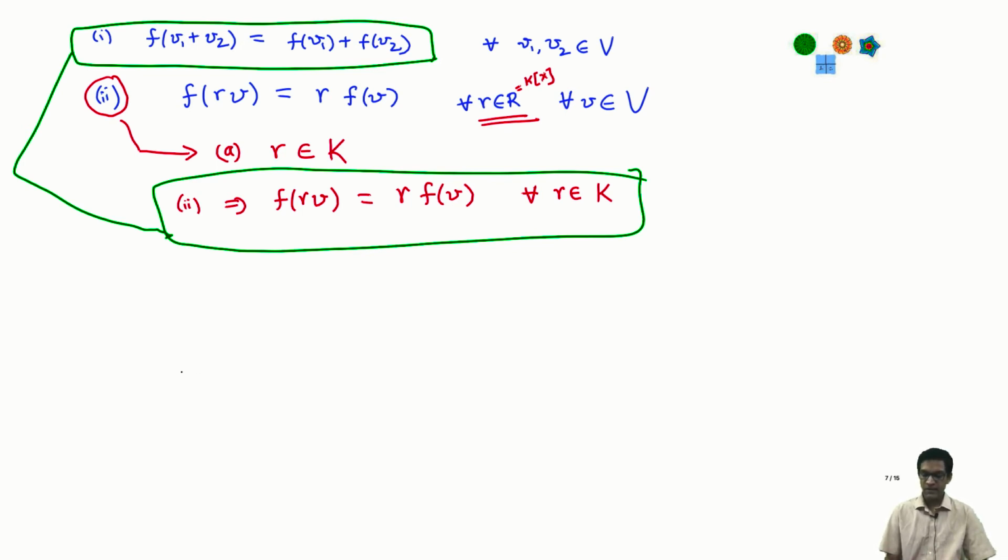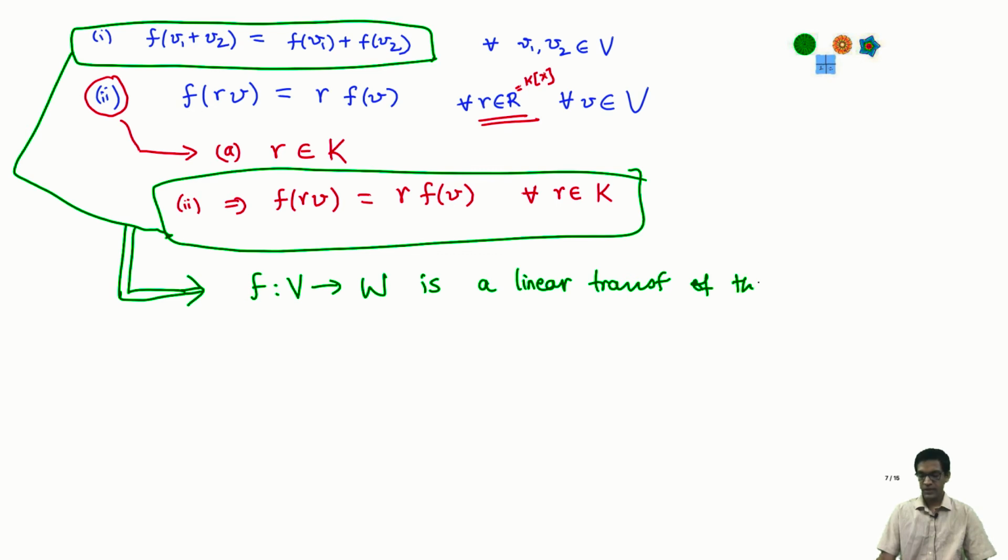It says that f is a linear transformation of the vector spaces V and W. Okay, so the two properties I have marked in green are exactly the definition that f from V to W is a linear transformation of these K vector spaces.